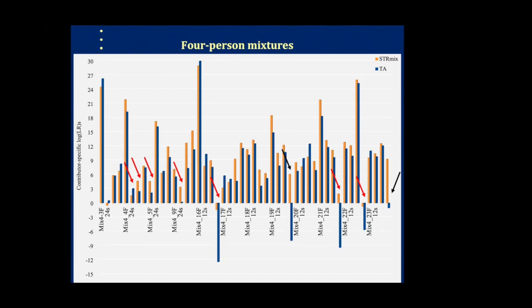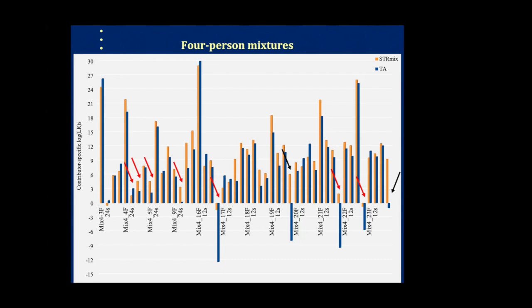Now for mix 21F, again, this lower template contributor, big difference. STRmix came back with an inconclusive range log LR, whereas TrueAllele was approximately -9. And then mix 22F, STRmix, slightly negative inconclusive value, TrueAllele approximately -6.